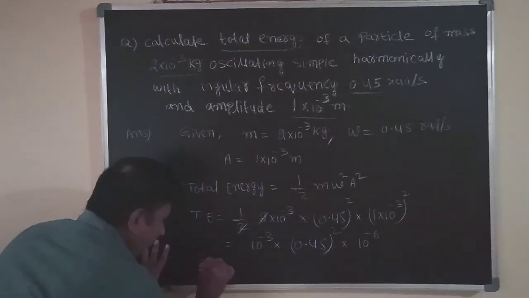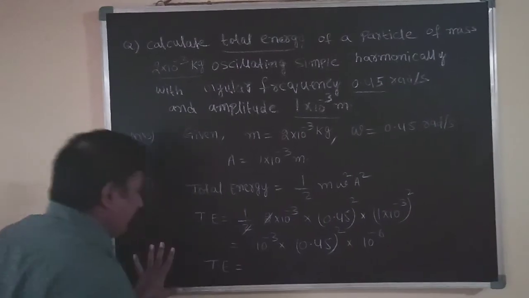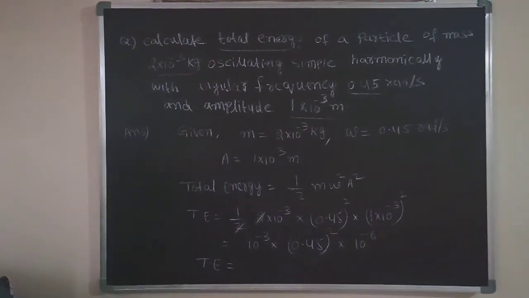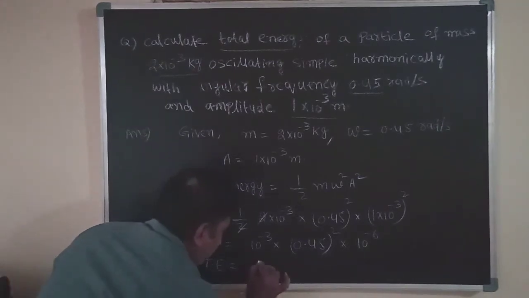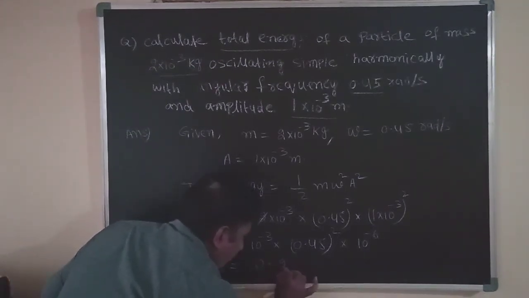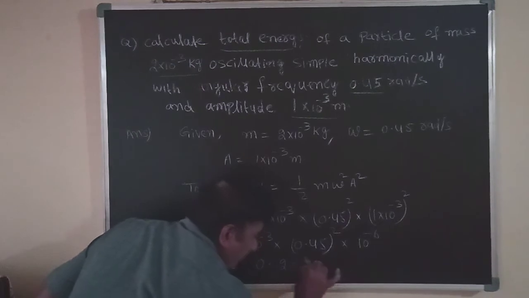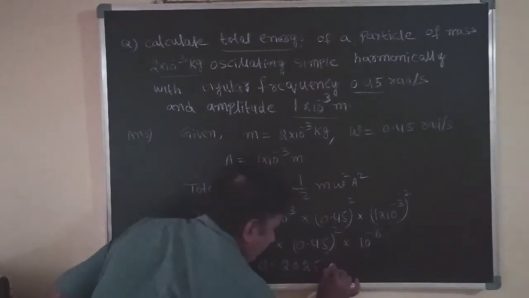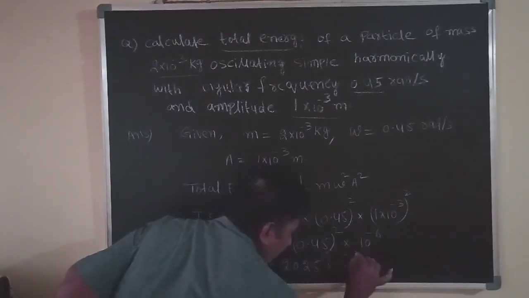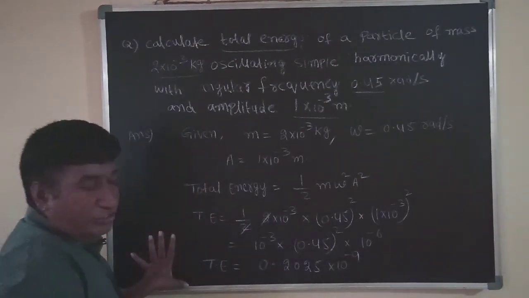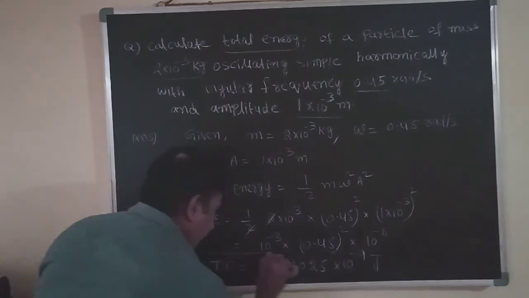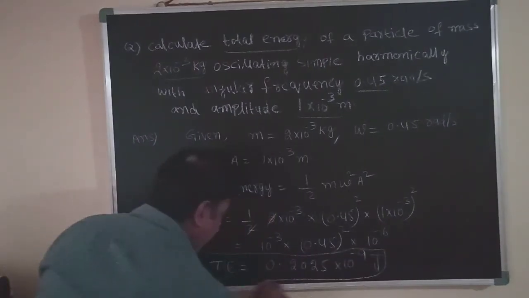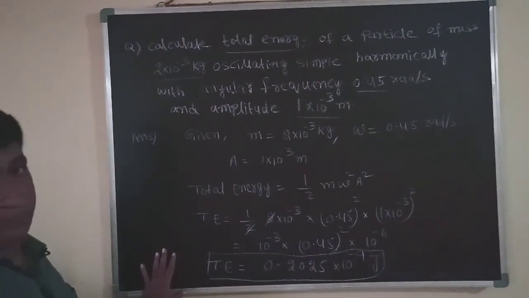If you do this, the total energy we get as the answer is 0.2025 into 10 to the power of minus 9. The unit of total energy is joule. So this is the total energy we are going to get.